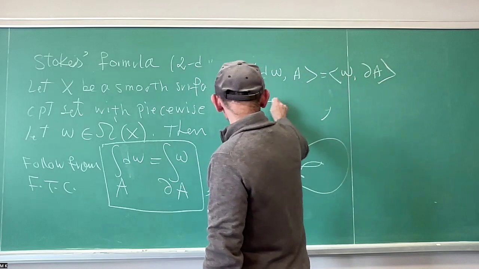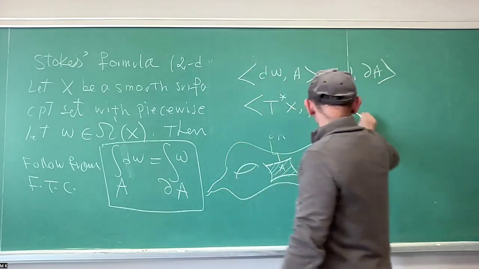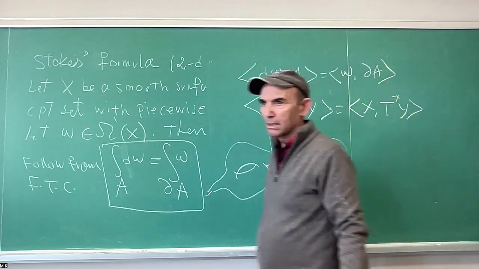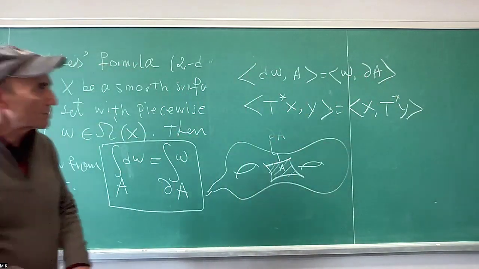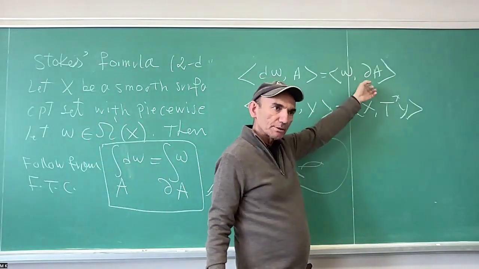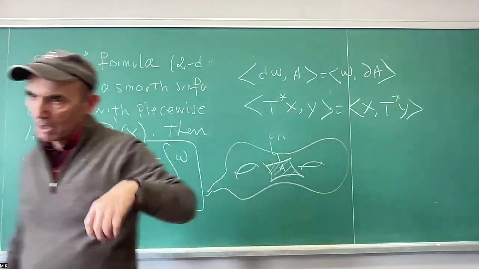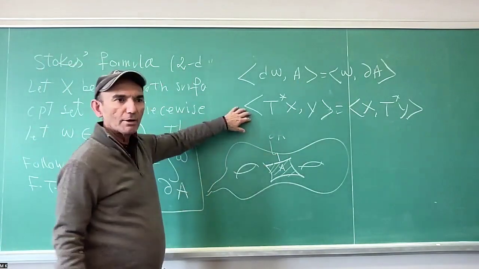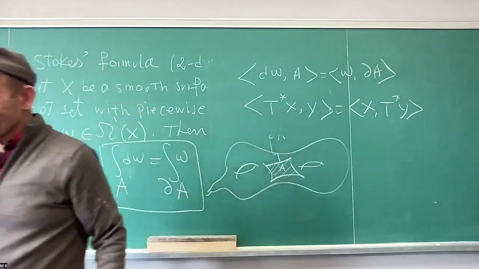You have T star x, y equal to x, T star y. It's exactly like that. There is a pairing between forms and cycles, and it shows that in this world d is the dual of the boundary. Then you can go on and prove the de Rham theorem, Poincaré duality, and all this. This is really fundamental.